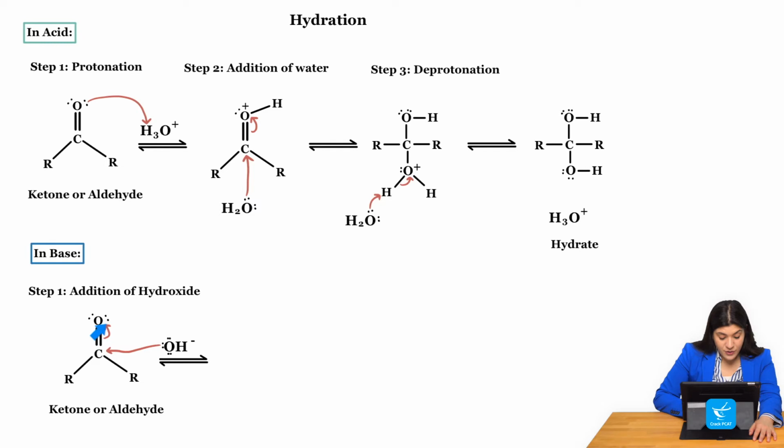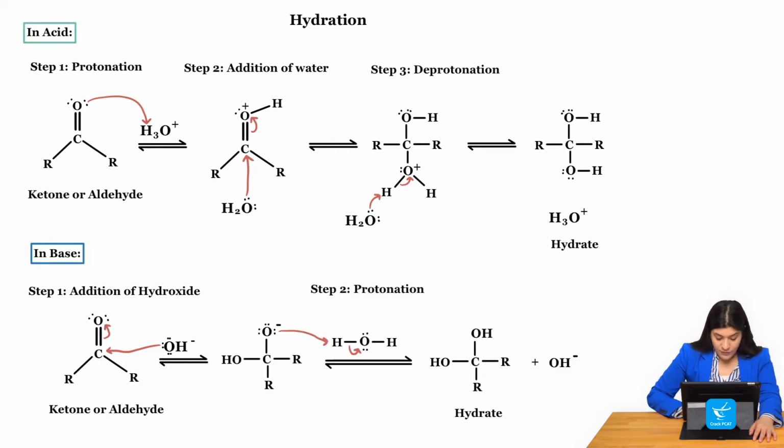And then these electrons go onto oxygen, and it's going to look something like this, where we formed that alkyl oxide ion. Next, protonation will take place, where oxygen is going to remove a hydrogen. These electrons then move back. That's how we get our byproduct of OH, and we formed that hydrate. So either way, they will form hydrates overall, whether it's an acid or in base.